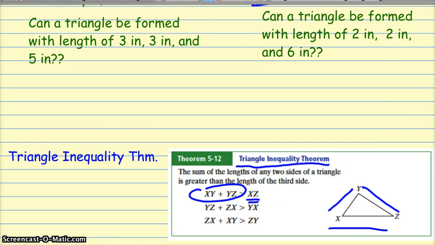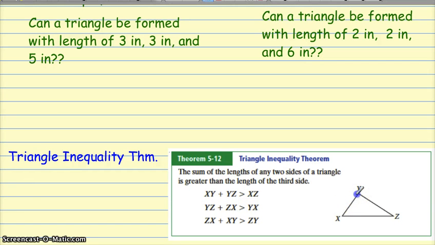So if we were to check XY and YZ, those lengths would have to be bigger than the third. And look at them. Those two green lengths are visually longer than that blue one.